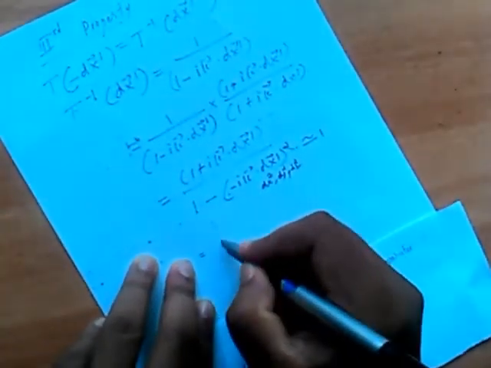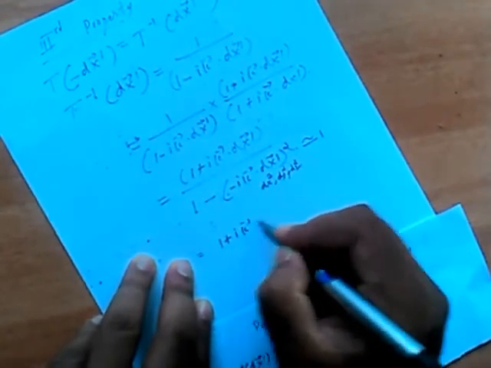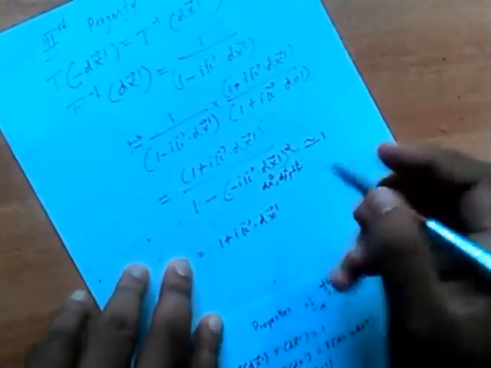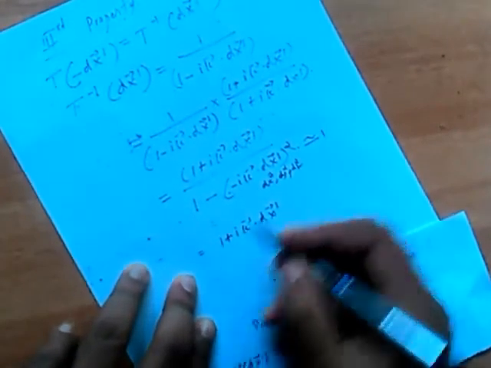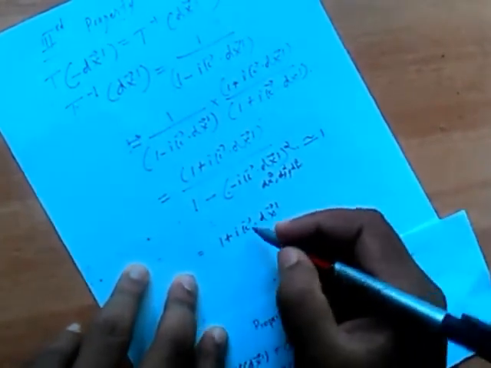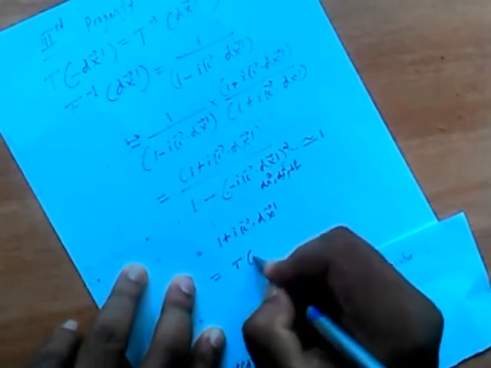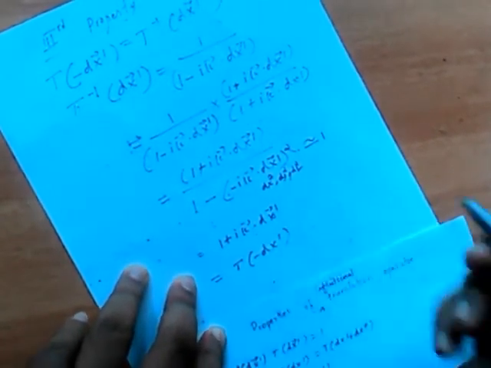So we get 1 + i k · dx', which is equal to T(-dx'). So we have verified the third property too.